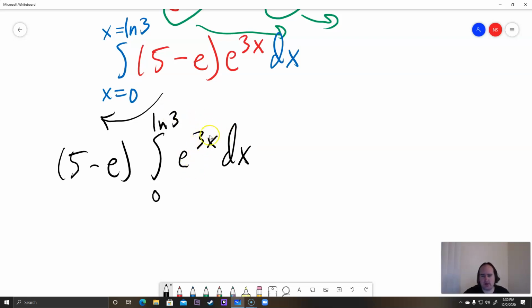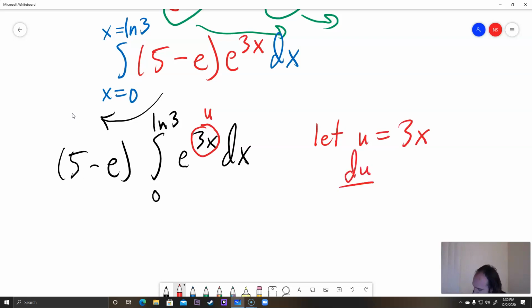Okay, so what we have to do here is u substitution. And whenever you're doing u substitution, you always want to let u be the inner of your composite function. So here, the inner of our composite function is 3x, so that's going to be our u. So we're going to let u equal 3x, and then taking the derivative, we get du/dx equals 3.